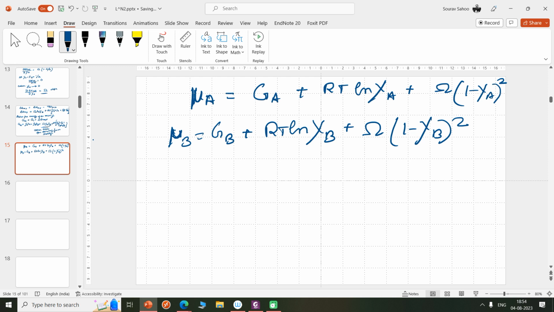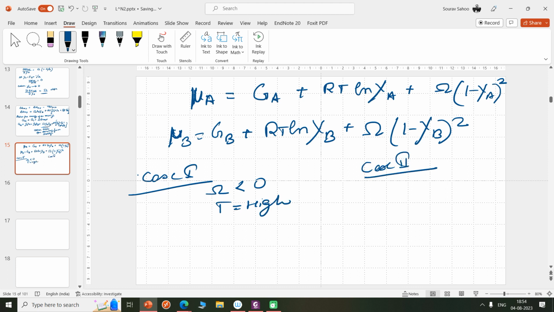Okay, so this leads us to a few important cases that we see ahead. Case 1 is when my omega is less than 0 and temperature is high. Case 2, when omega is less than 0 and temperature is low.